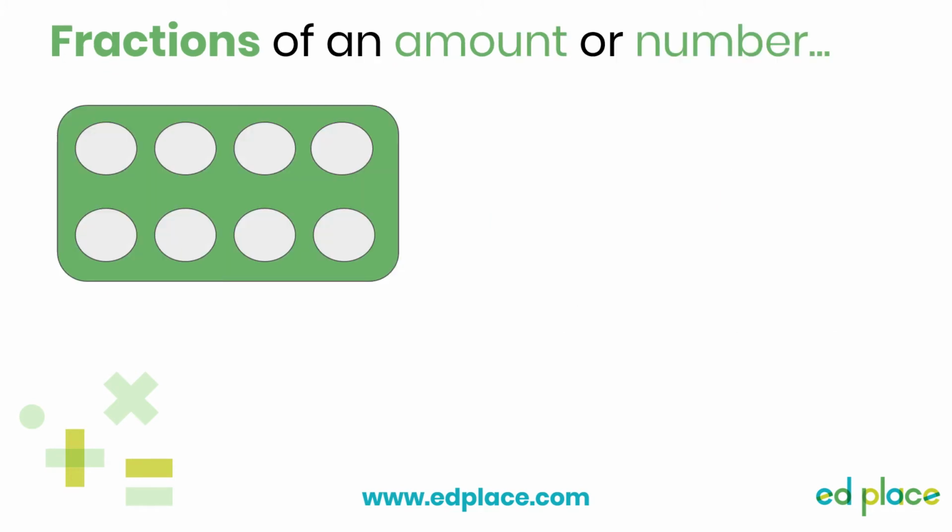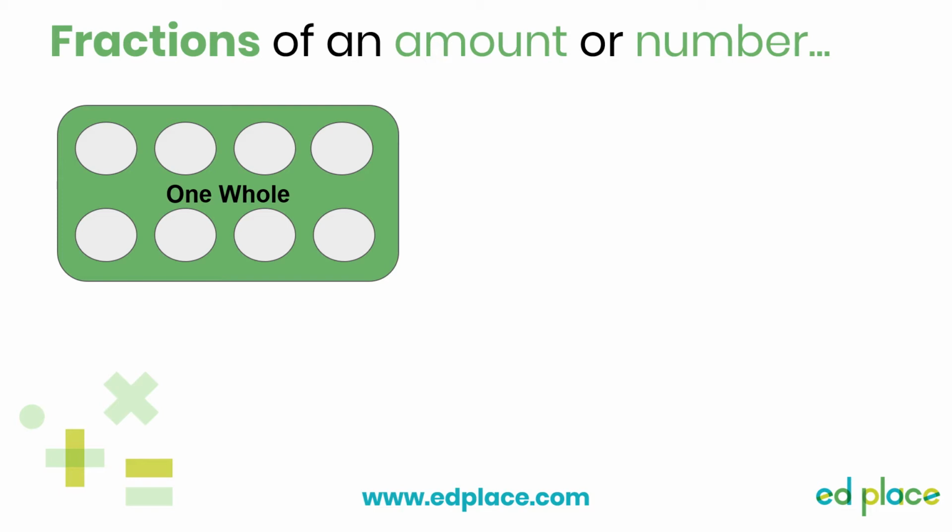We can use sharing or dividing to find fractions of amounts. This can be done by sharing objects into physical groups. The original number represents the whole, but each group or part is a small fraction of it. Here we can see that the first group has 8 circles. This is the whole.